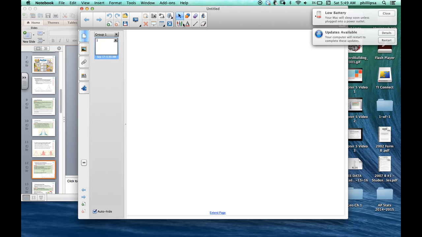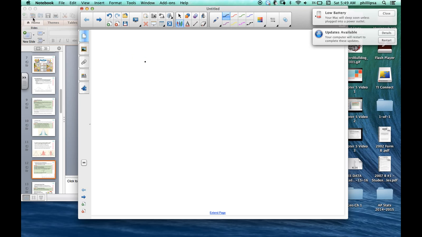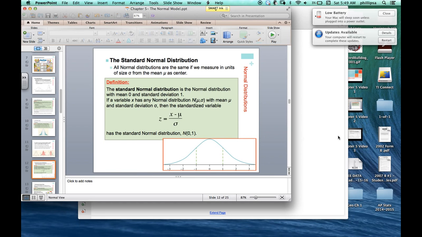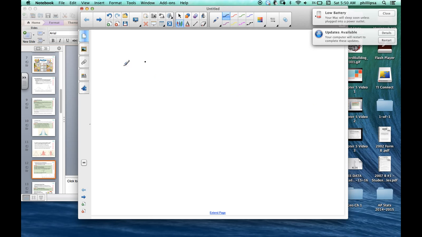Okay, so it says the distribution of heights of young women aged 18 to 24 is a normal distribution with a mean of 64.5 and a standard deviation of 2.5.